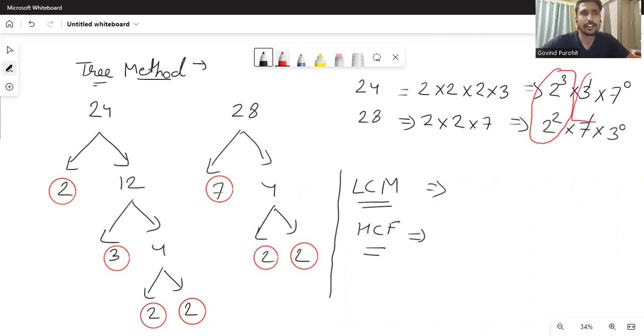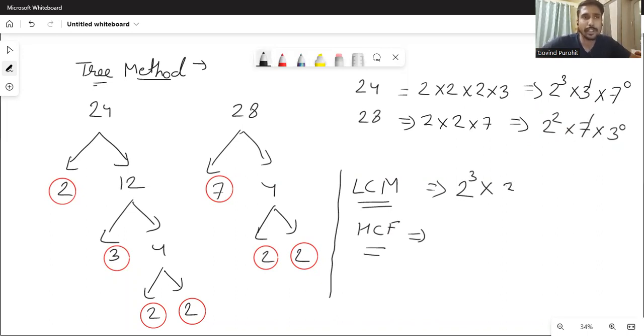Between these two, for 3, it is 1, and for 7 it is 1. So the factors we get here are 2 raised to the 3, 3 raised to the 1, and 7 raised to the 1.